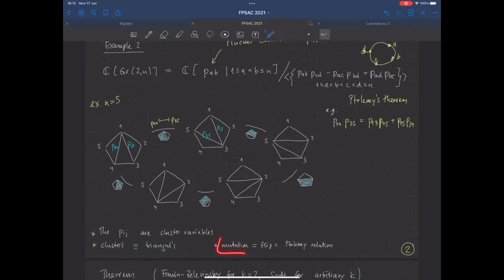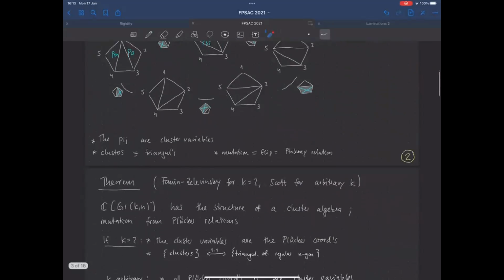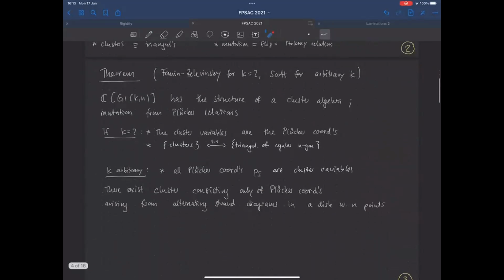And the exchange is given by this Ptolemy relation, but that's just a flip in a quadrilateral. So we exchange one diagonal by the other, and one diagonal always gives us a quadrilateral. Okay, so this second example is one of the first examples of a cluster algebra, and this is an instance of a more general result. That's the following theorem.